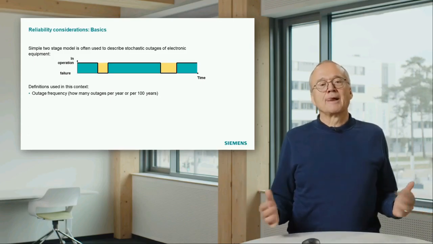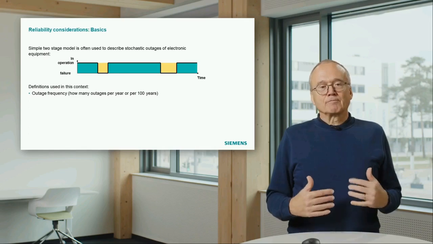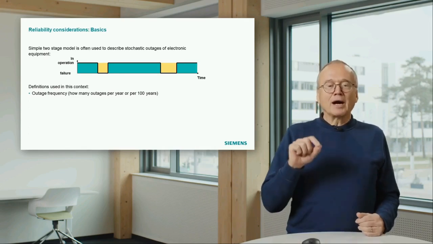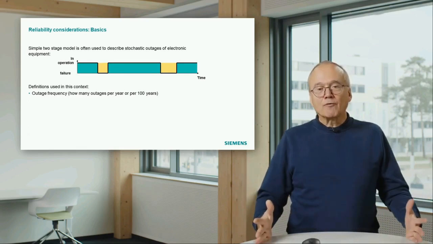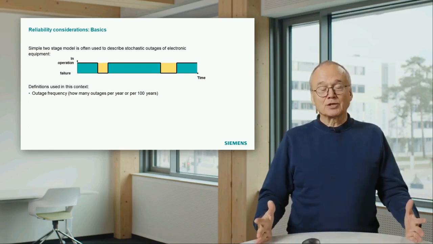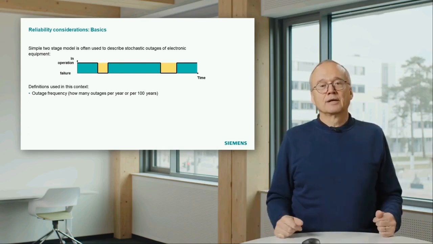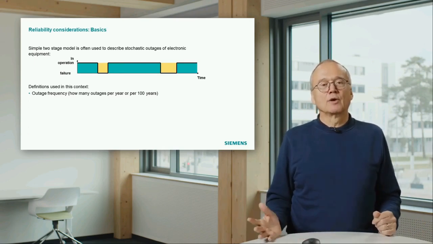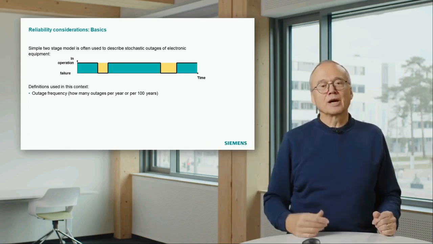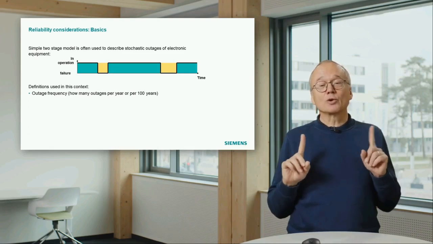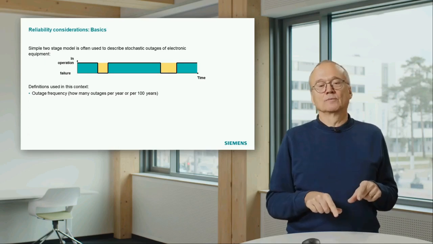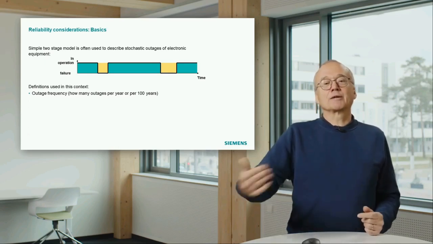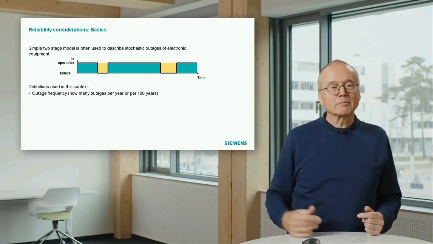Imagine, for instance, if you have an outage frequency of 1 outage per 100 years, that would mean if we have 100 devices in operation, 1 is expected to fail within 1 year. But you must have in mind it's only an average figure. It can also be 2 or it can be 0. The outage can be tomorrow or it can be at the end of the year.